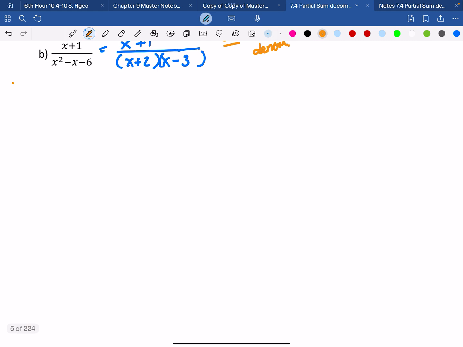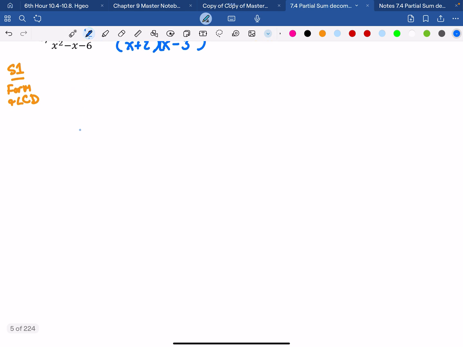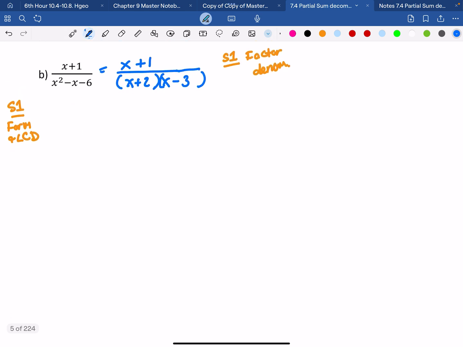Step 2: we're going to get our form set up. I'm going to call it form and LCD. You're going to take this: you have x plus 1 all divided by, you just rewrite it, x plus 2 times x minus 3. Sorry, guys, I'm really tired.